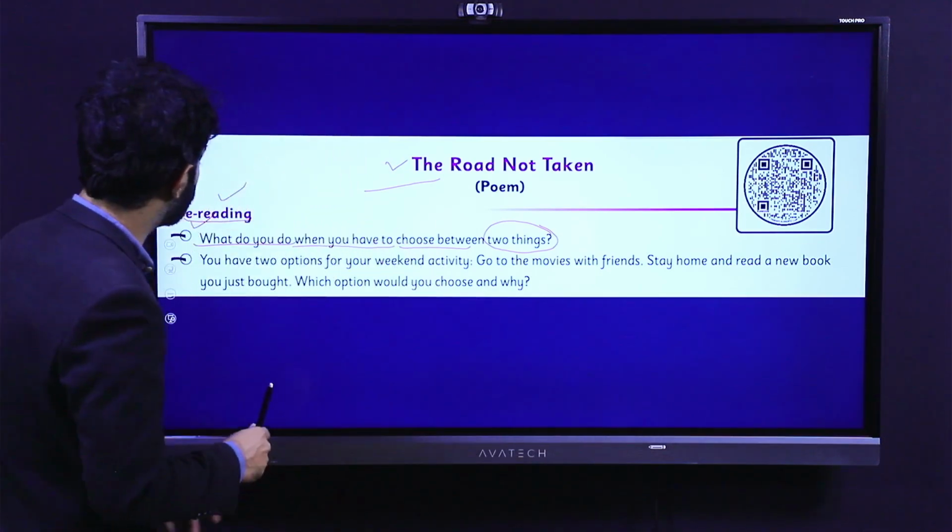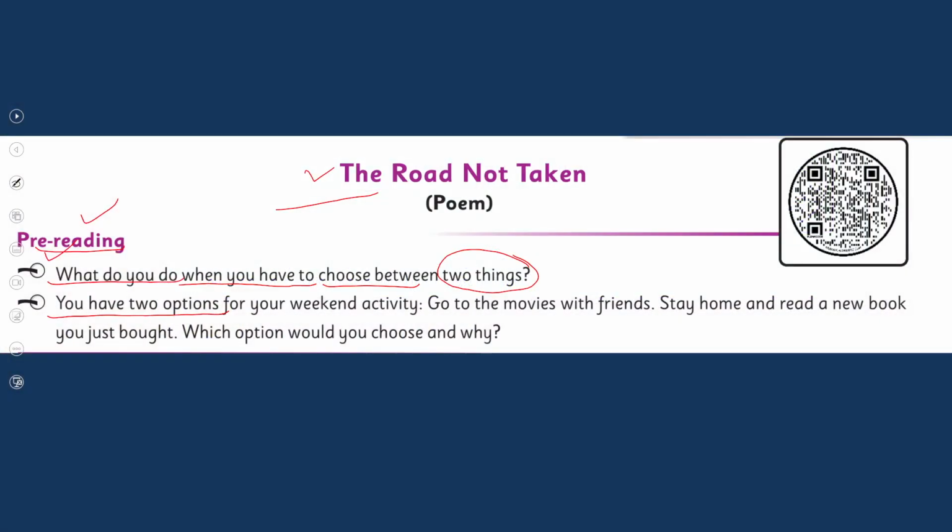Next question: you have two options for your weekend activity. Go to the movies with friends or stay home and read a new book you just bought. Which option would you choose, and also state why?